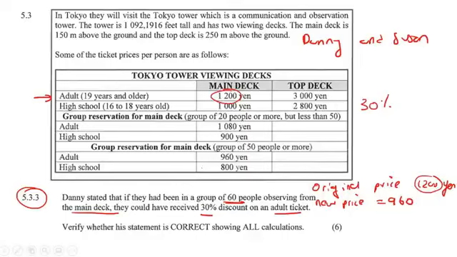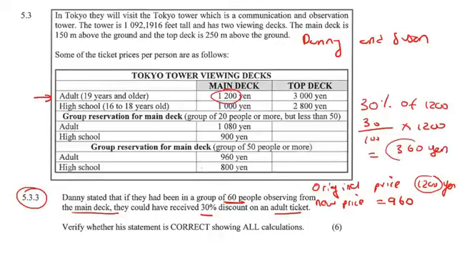So let's give the 1,200 a 30% discount, okay? So 30% of 1,200, so you could say 30 over 100 multiplied by 1,200, and let's see what that gives us. So that's 360 yen. So that's how much discount there would have been.